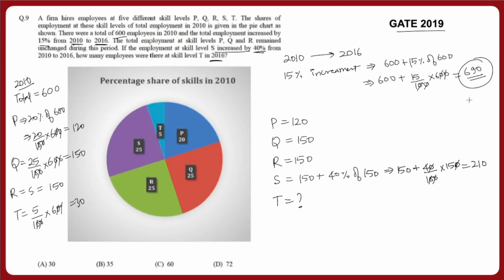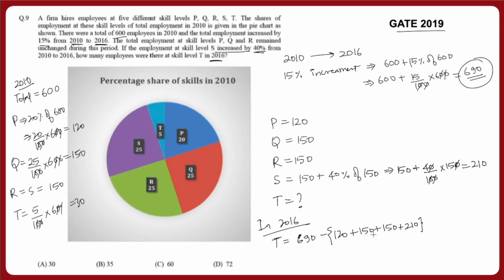It's pretty simple. If you just add all of them and subtract from the total number of people in 2016, you will get that. So in 2016, T can be calculated as 690 minus (120 plus 150 plus 150 plus 210).